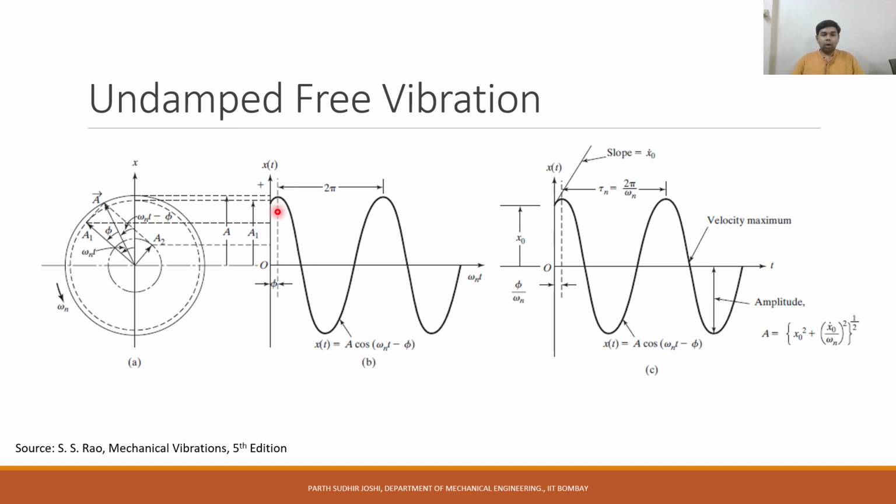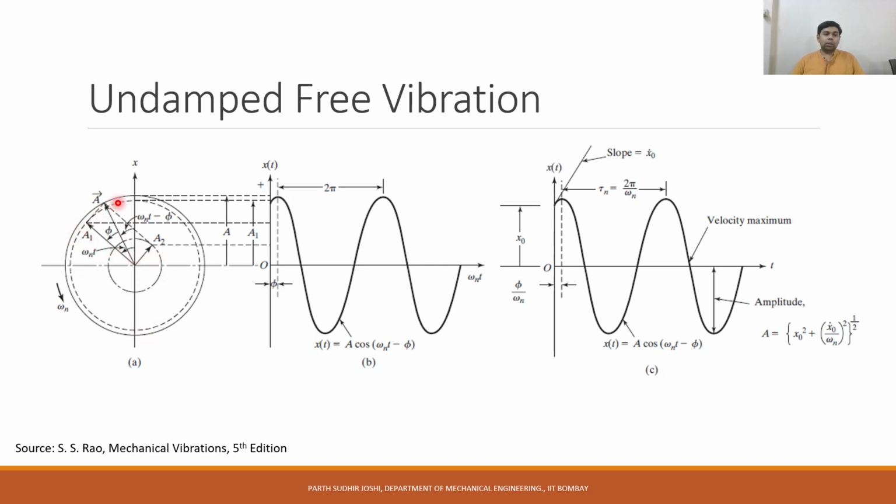So then we can plot the resultant displacement variation with respect to time for undamped free vibrations. So as we have studied earlier, simple harmonic motion can be expressed as a projection of circular motion either on the x or y axis. So similarly, we can apply this concept over here as well. So let us say that we have a phasor, a vector which is rotating at an angular velocity omega n.